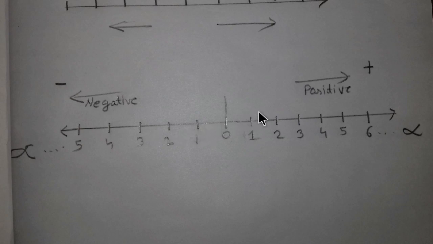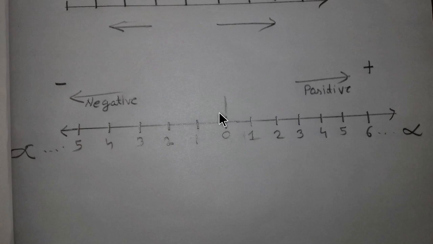But there is a basic difference. The number comes with a sign that you have to express its value. That means when you move to the right hand side of the 0, all the values of the numbers will increase and will come with a positive sign.